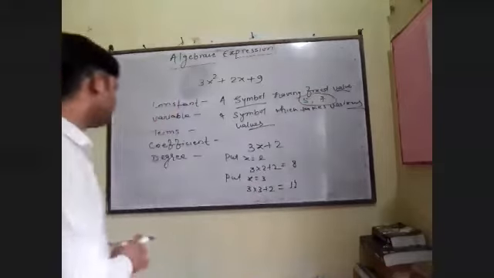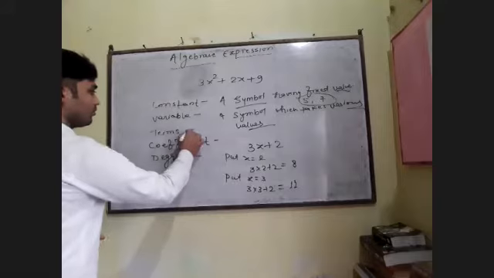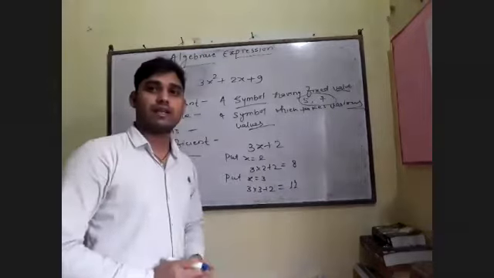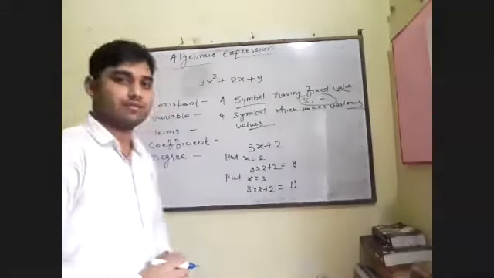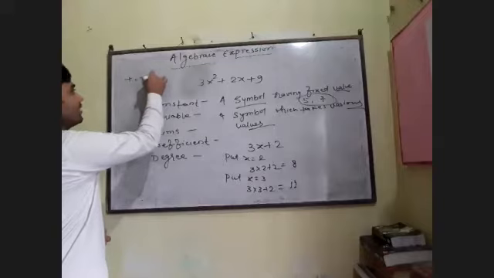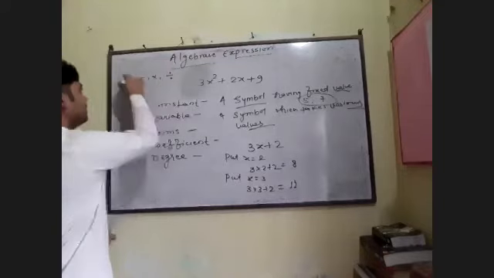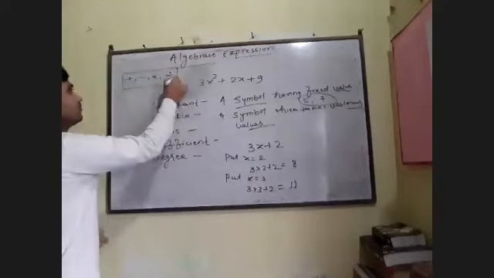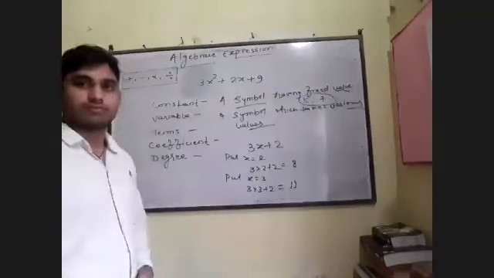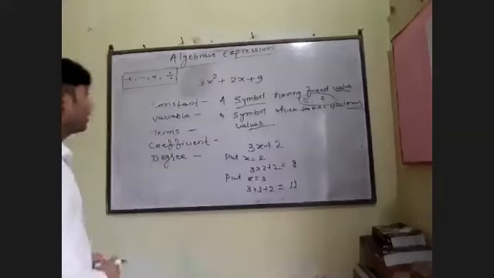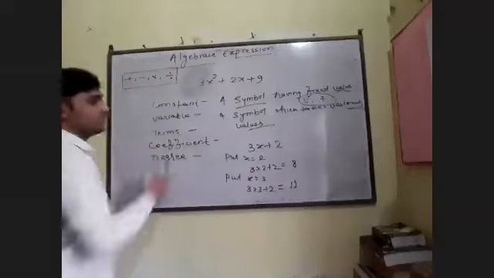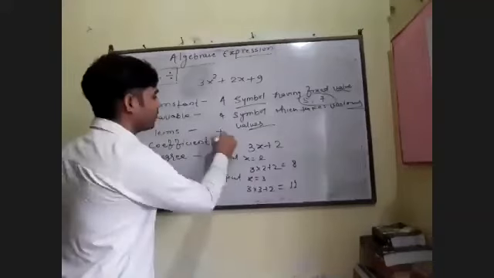Now, terms. What are terms? We know very well that there are 4 fundamental signs: plus, minus, multiplication, and division. Now, the terms are separated by the sign plus or minus.